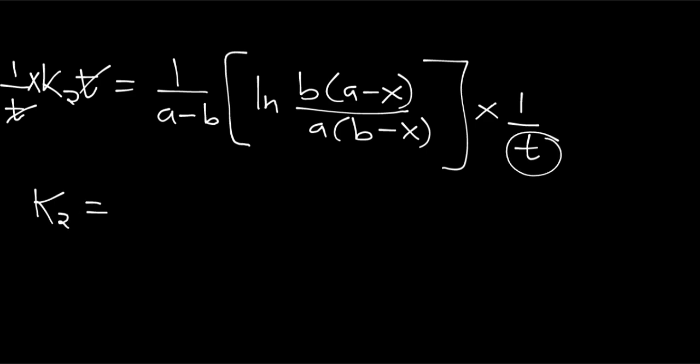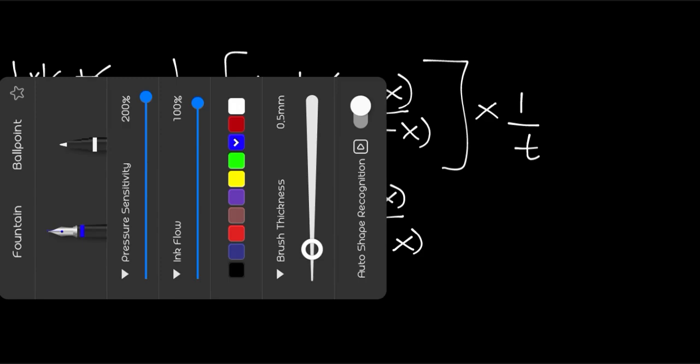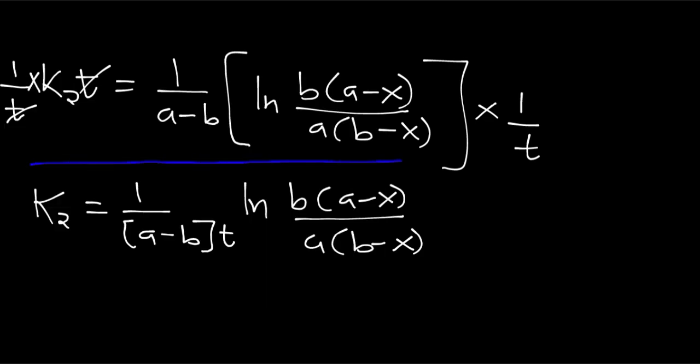Then on this side, I could multiply A minus B with T. So that is going to give us 1 divided by A minus B, and this is T, and this is going to be ln of B into A minus X, divided by A into B minus X. So this is what we have. This is the representation of the rate constant for a second order reaction.